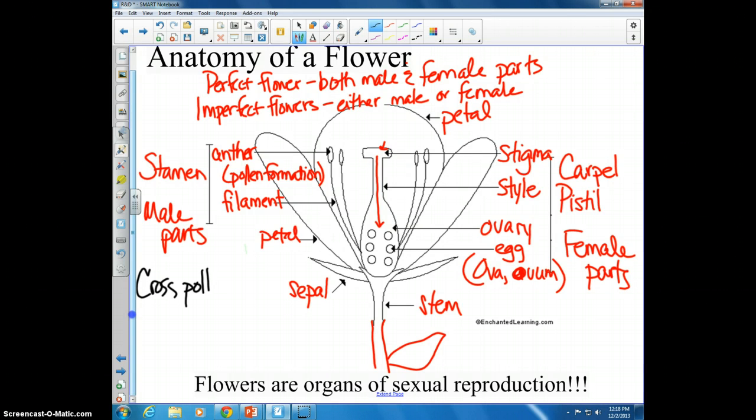Cross-pollination is when the pollen and the egg come from two separate flowers.